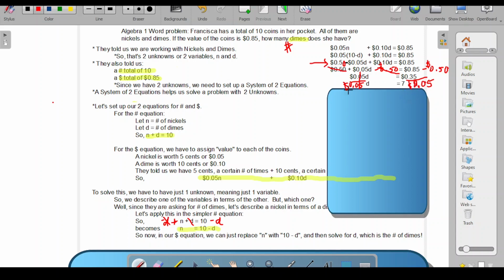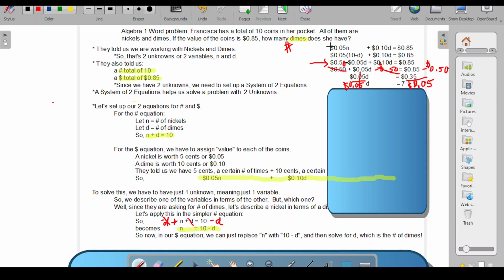And that's why I like to leave the dollar signs in, because just as 0.05 over 0.05 is the number 1, anything over itself is the number 1. Even a dollar over a dollar, you can think of it in your head. Well, that's just a 1, and 1 times anything is itself. So these dollar signs go away. So that's why it's always a good idea to keep your units.